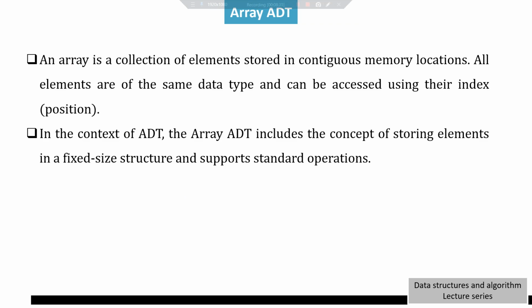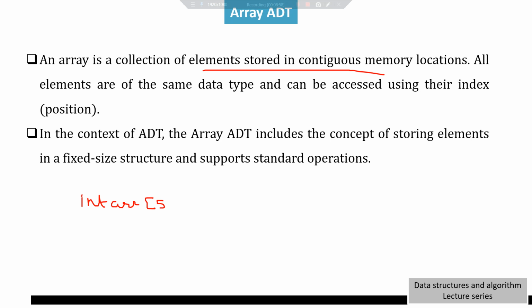The first is array ADT. The first type of ADT is the array abstract data type. An array is a collection of elements stored in contiguous memory locations. All elements are of the same data type and can be accessed using their index, that is the position. For example, integer ARR of 5.